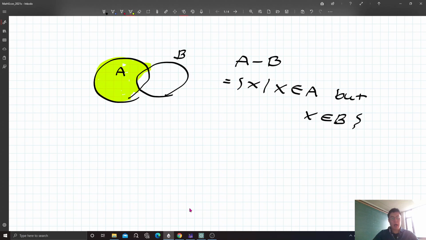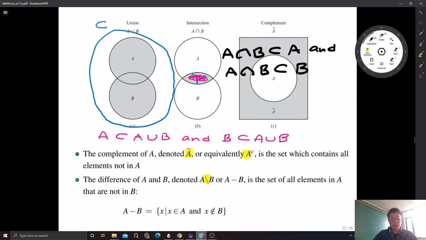Going back to the slides, x is an element of A but not in B. So how can you write this using set operations? We know that "and" is an intersection.